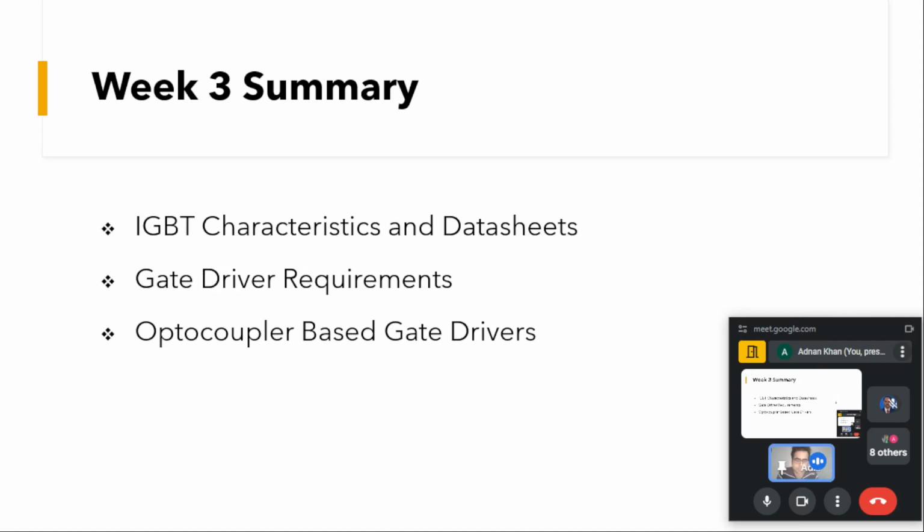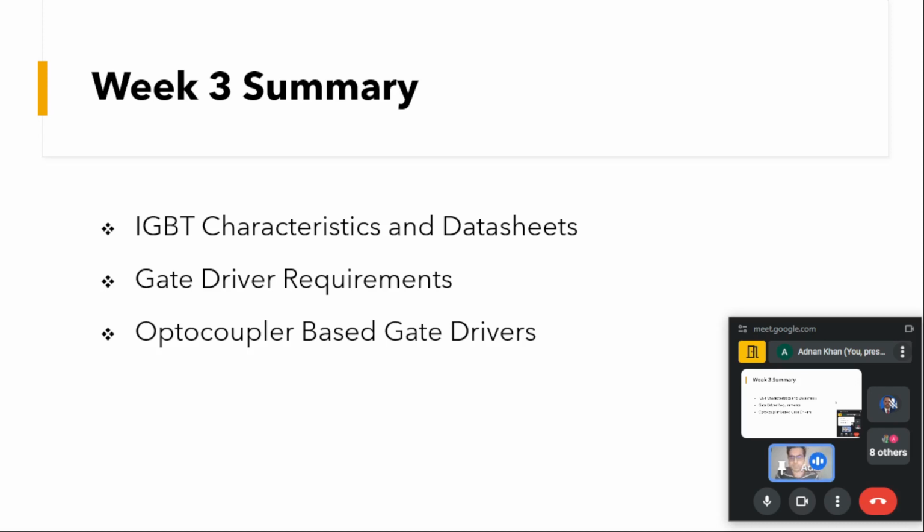Coming to this week, what we saw in the previous week is diodes, different types of diodes, their characteristics, the data sheets of some diodes, and how to see different parameters in the data sheet. After the diodes, we moved towards the MOSFETs.